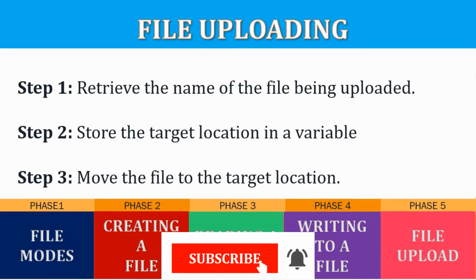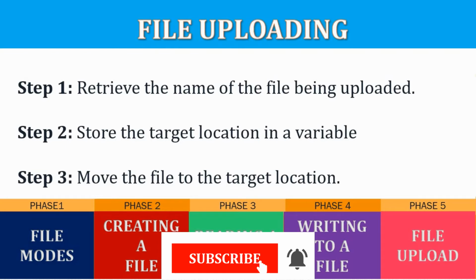So for uploading a file to a server, you have to follow 3 steps. The first step is to retrieve the name of the file that is being uploaded. For example, if you are going to upload the file named resume.pdf, you have to retrieve that particular name, resume.pdf, and store it in a variable.